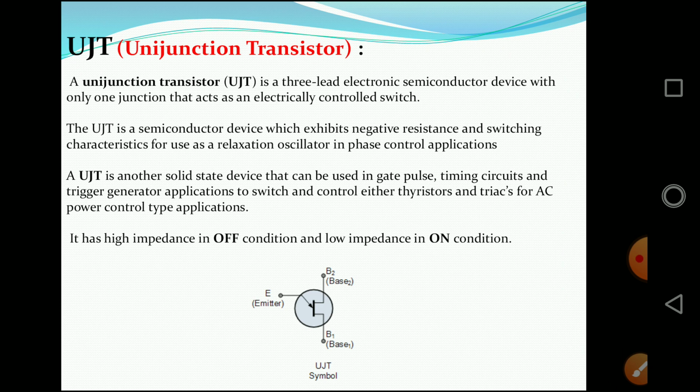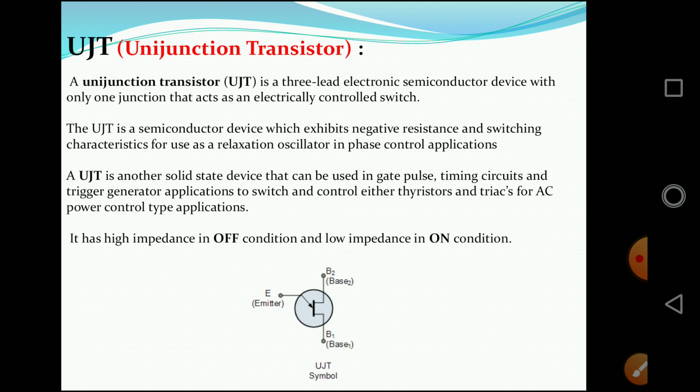In construction it forms a single junction, and as the name says, it is a transistor, so it has 3 terminals. Next, the UJT is a semiconductor device which exhibits negative resistance and switching characteristics. Therefore, it can be used in a relaxation oscillator circuit.